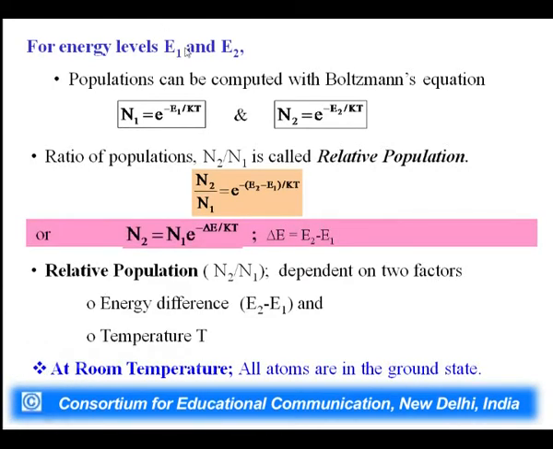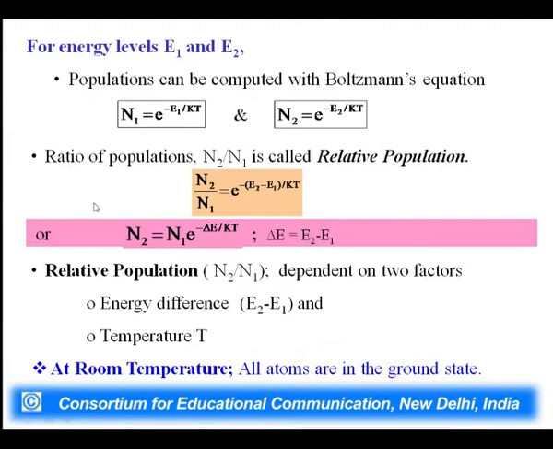For the energy levels E1 and E2, the population can be computed by the Boltzmann equation. For level 1, the population N1 = e^(-E1/kT), where E1 is the energy level, and N2 = e^(-E2/kT), where E2 is the energy of the second state.